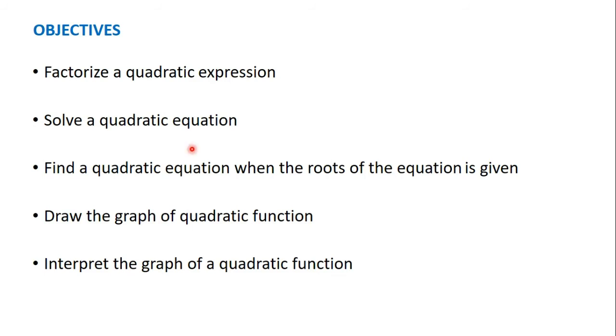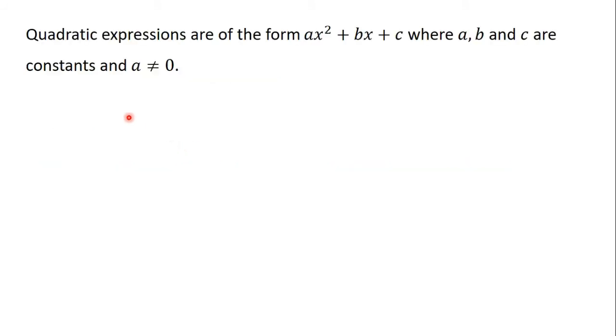So in this topic, we are going to learn about quadratic functions and graphs of quadratic functions. Let's begin with quadratic functions. Quadratic expressions are of the form ax squared plus bx plus c, where a, b, and c are constants and a is not equal to 0.